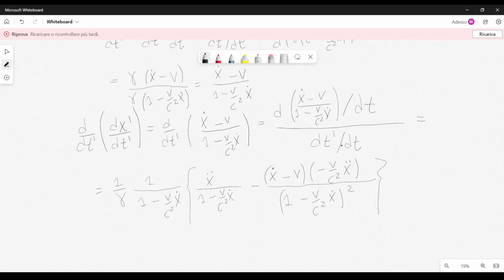So if you take this derivative and divide by this derivative, you can rewrite the expression in this form.